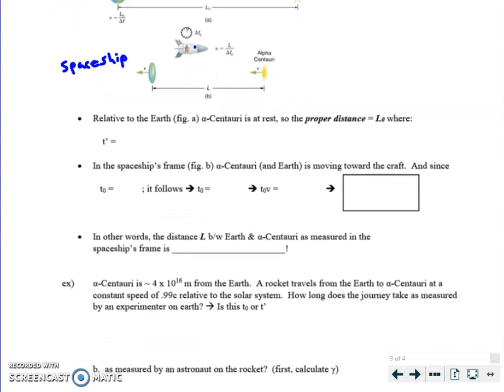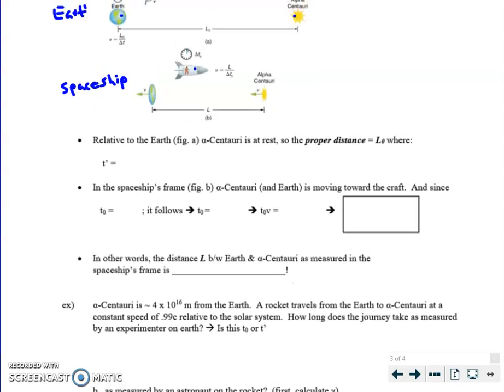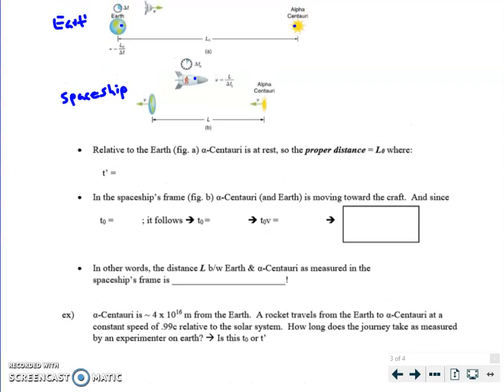So the time it takes to go from Earth to Alpha Centauri is going to be T prime. This is where you've got to be real careful about differentiating between T prime, T naught, L prime, and L naught. This is T prime because the spaceship is moving relative to us.